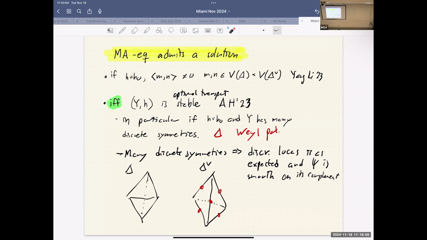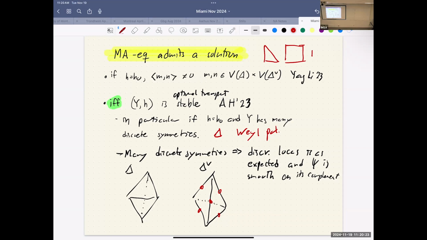So it is, for example, these in 2 dimensions. This one is a Weyl polytope. What is a Weyl polytope? Maybe I can get back to your question later on.